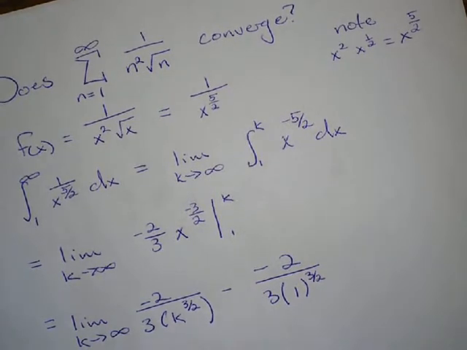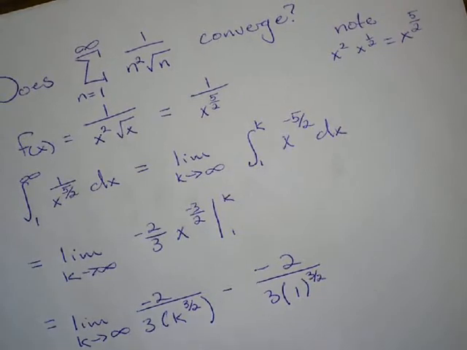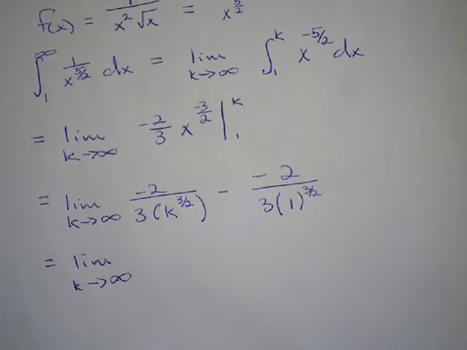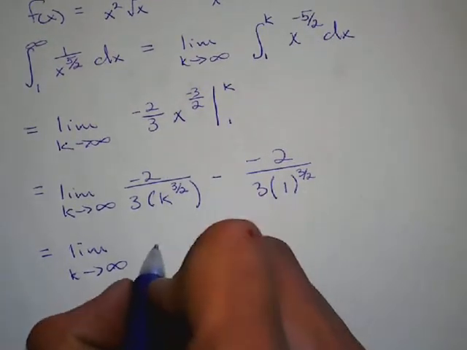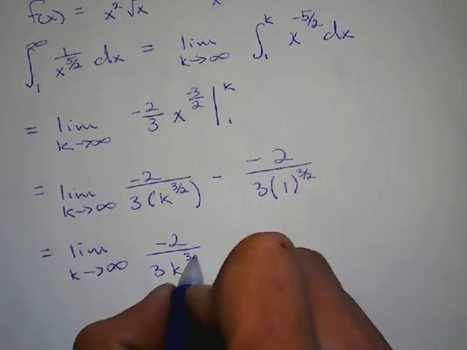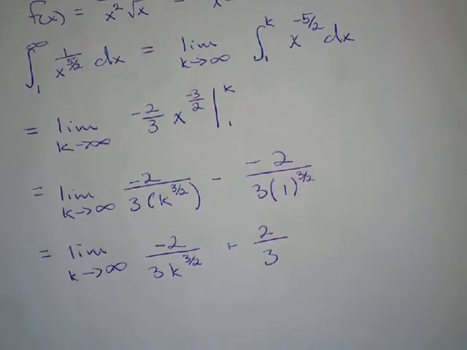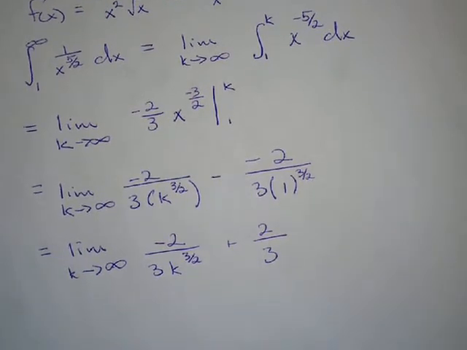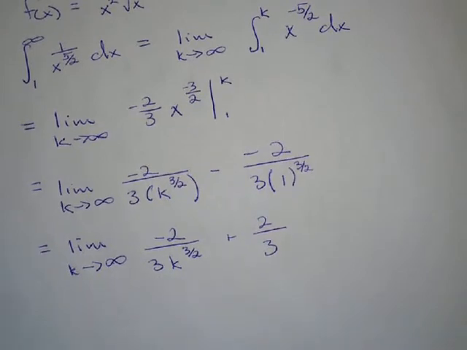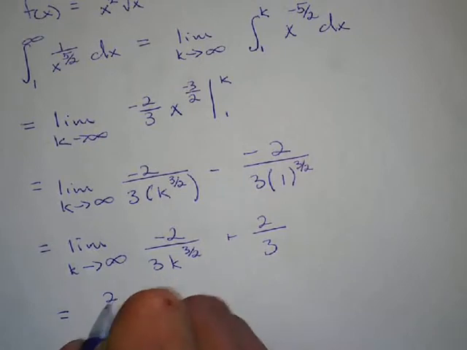Limit as k goes to infinity of negative 2 over 3 times k to the negative 3 halves plus 2 over 3. Now what happens to this term as k goes to infinity? It goes to 0. So really the limit is just 2/3.